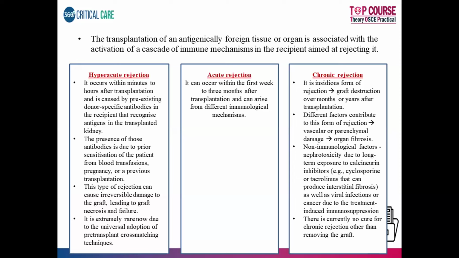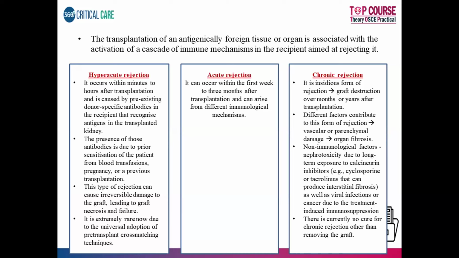This type of rejection can cause irreversible damage to the graft, leading to graft necrosis and failure. It is extremely rare now because there is universal adoption of pre-transplant cross-matching techniques which has been done very stringently. So hyperacute rejections have now become rare.